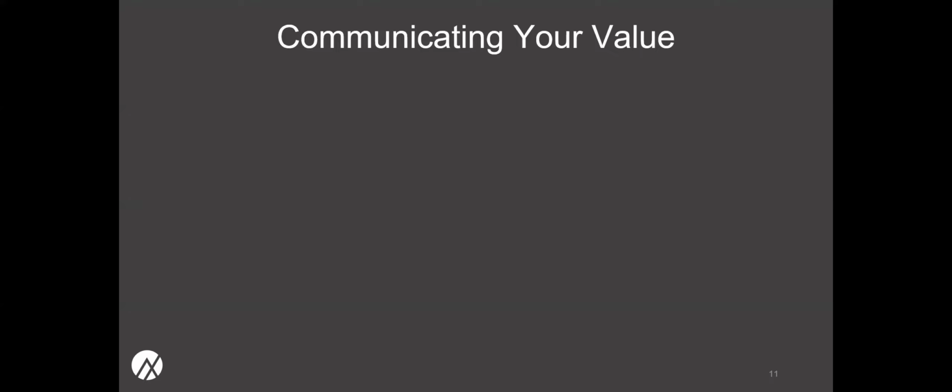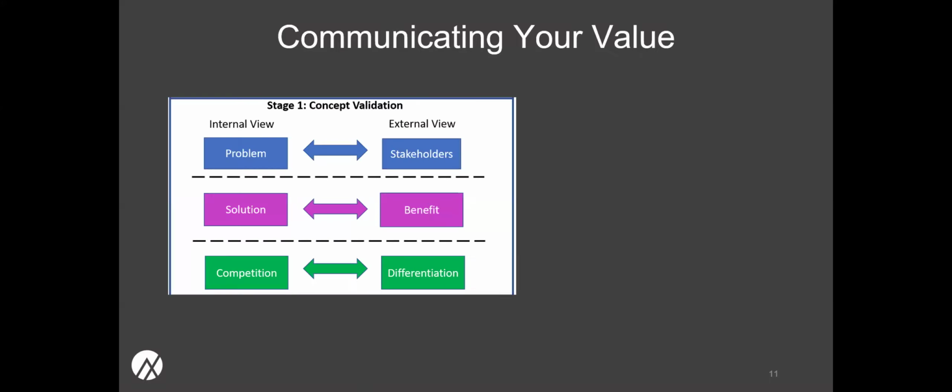And then the last point is, how do we communicate our value? And we'll come back to our canvas here very briefly. And really the essence of a value proposition is right there for us. If we combine the top section where we looked at problems and stakeholders with the solution benefits, thinking about that bridge concept, we have a very nice way to communicate our value.